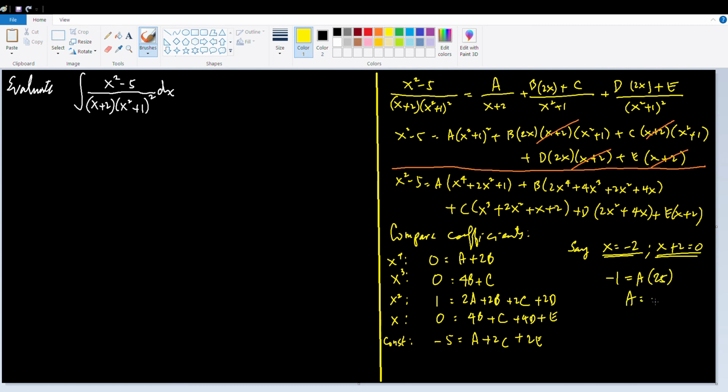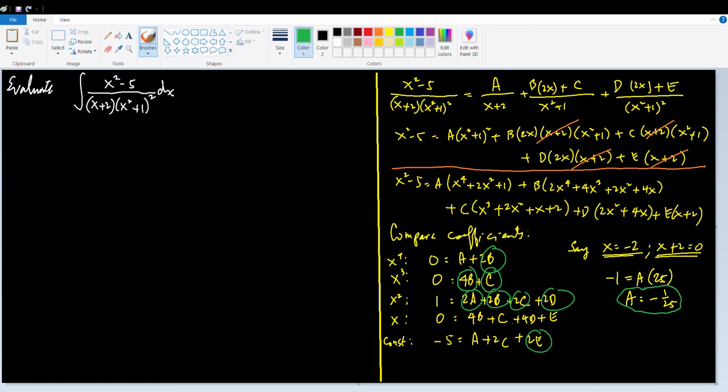So immediately we get a equal to negative 1 over 25. Then we can find b, then c, then d, and eventually e.